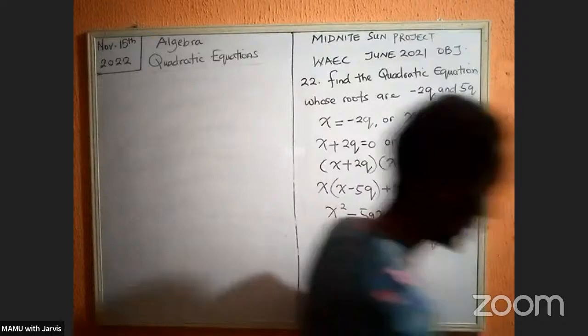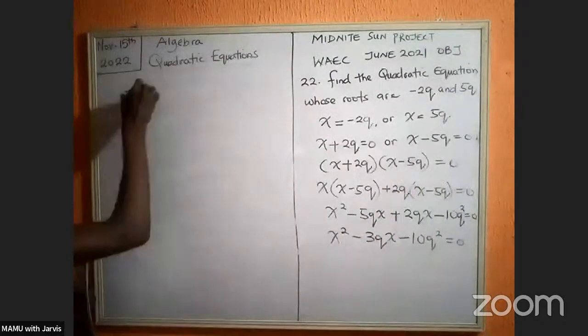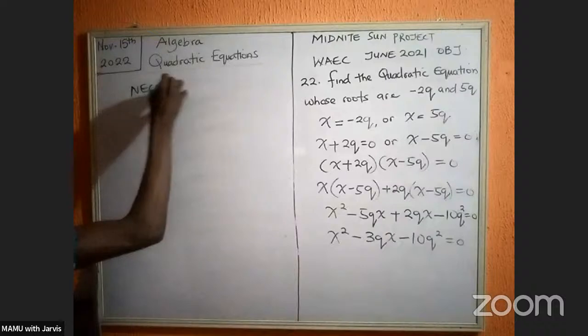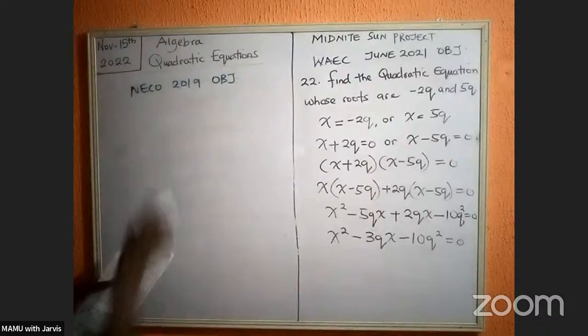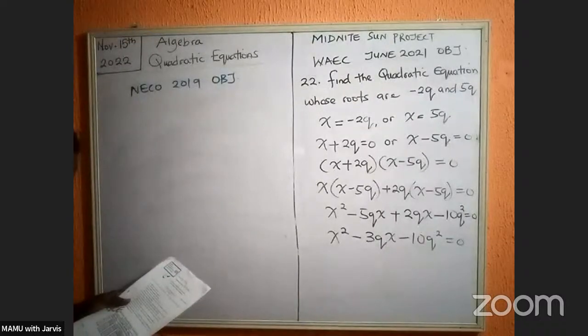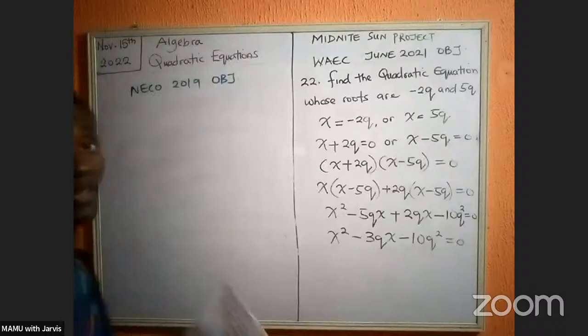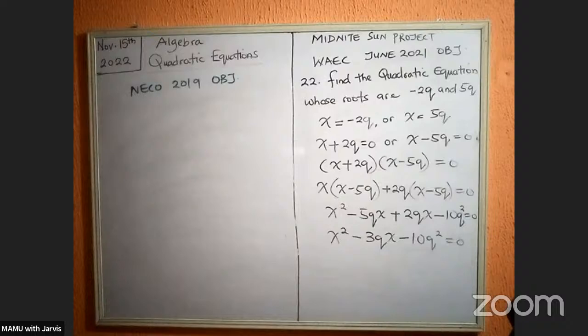So the next one is a NECO exam. NECO 2019. It's OBG, so let's see if we can solve that one. Let's see if we can get the year concerned and see if we can solve it.